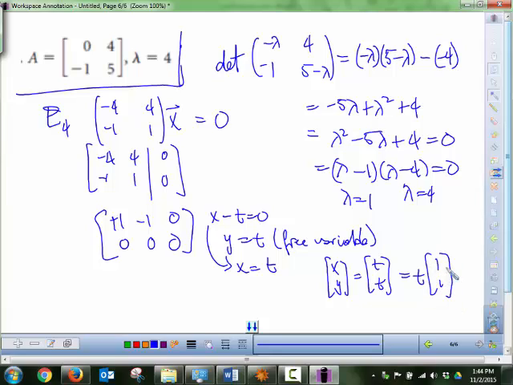I can scale it any way I want. I can have 5, 5. I can have 3, 3. I can have negative 2, negative 2. But 1, 1 is the most reduced without any fractions. And so when you do this, you might want to find a nice vector to be your representative for your eigenspace.